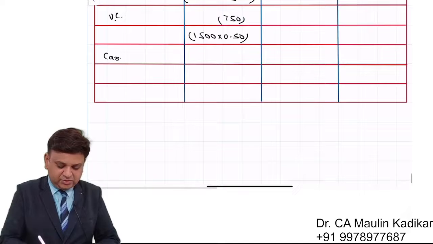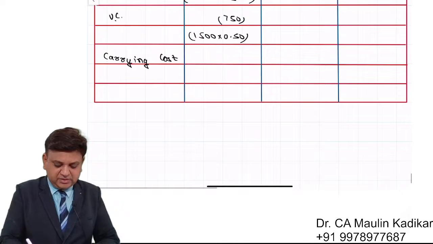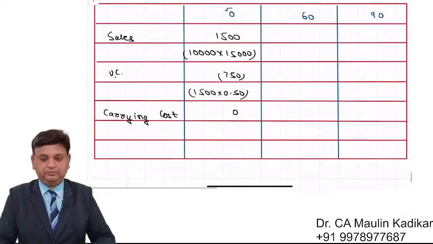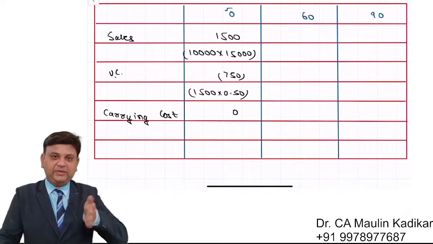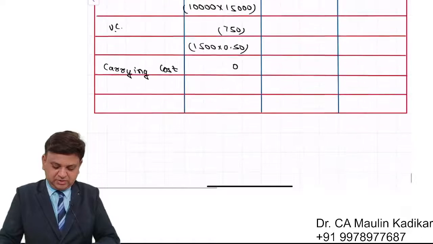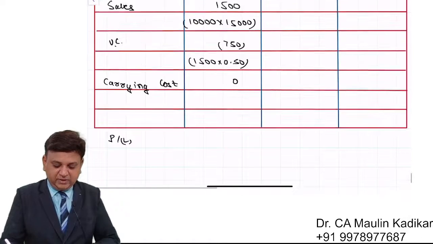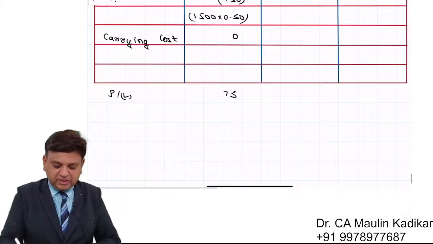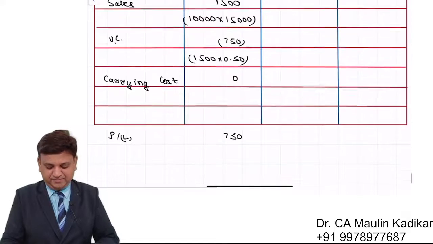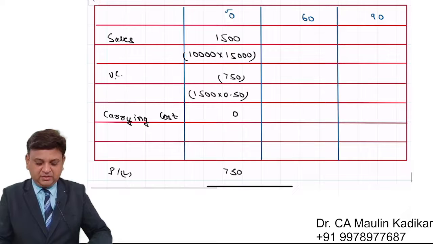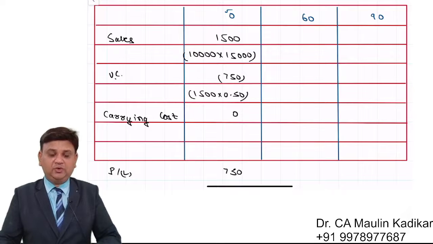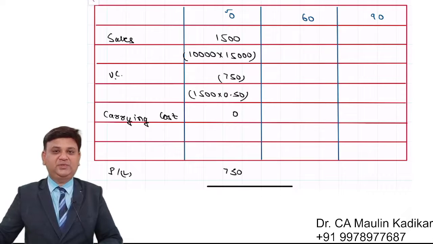Next is the carrying cost. As far as the carrying cost is concerned, it is 0. So sales value minus variable cost minus carrying cost; the profit would be 750, because no credit, no carrying cost. Write the answer for 0 days in your notebook, and for 60 days calculate the answer and put it in the chat box.